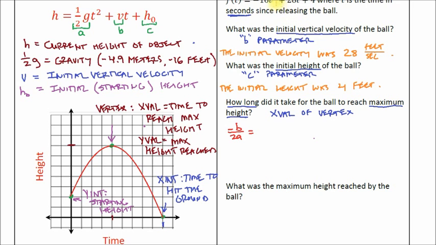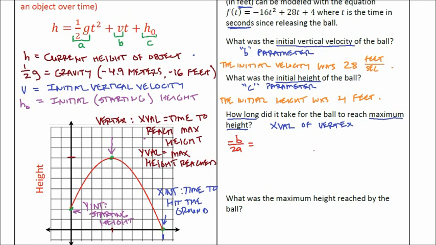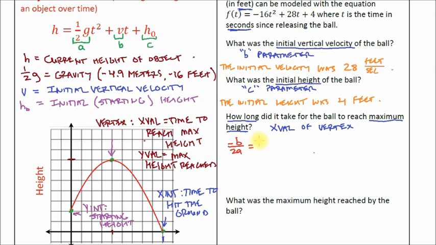Let's take a look at our b value. Our b value, let me scroll back, our b value is 28. So that means our negative b is going to be negative 28 because b was positive. And then we've got 2 times a. A in this case is negative 16. There's going to be our x value of our vertex.